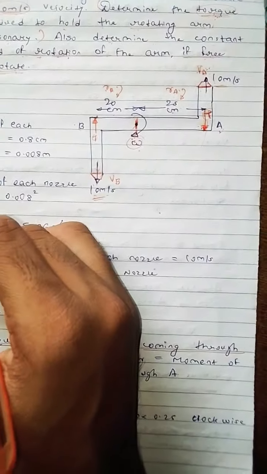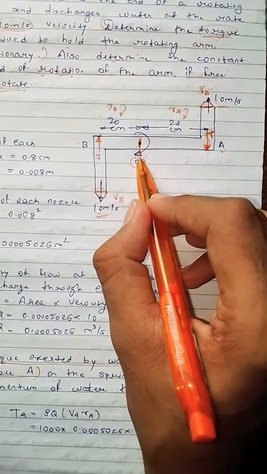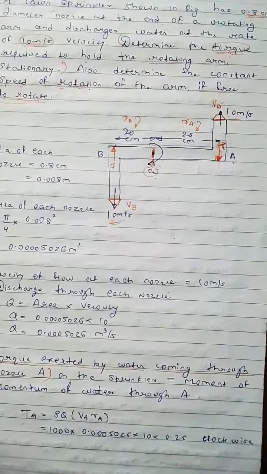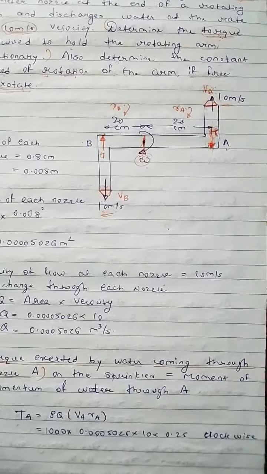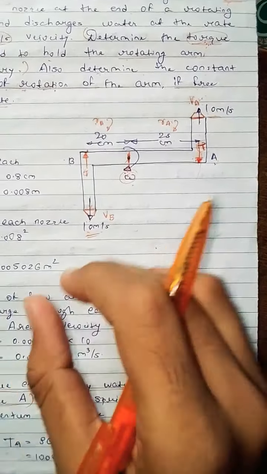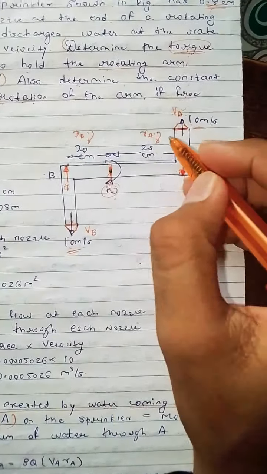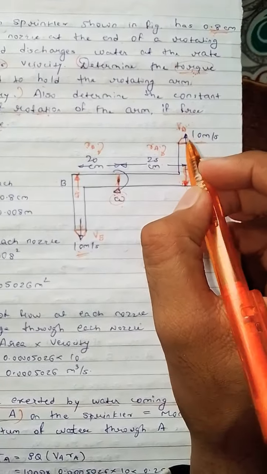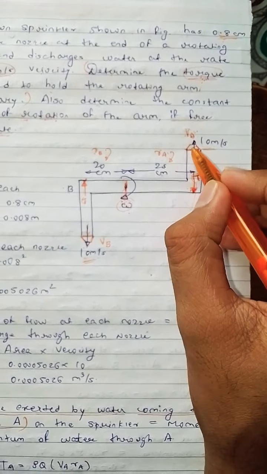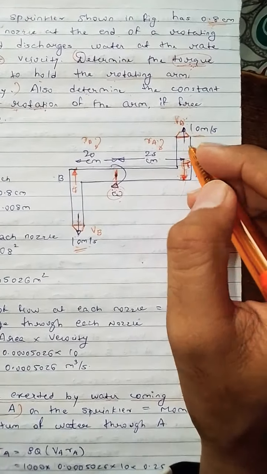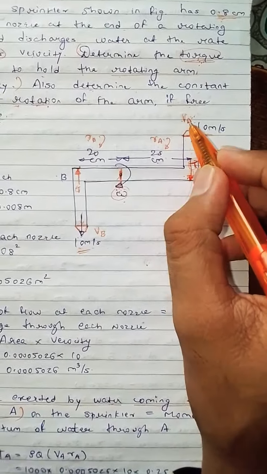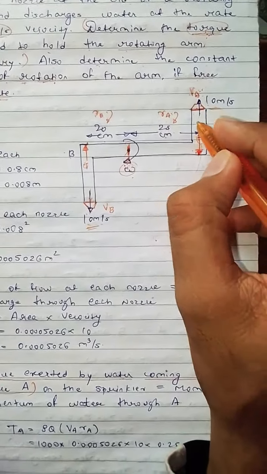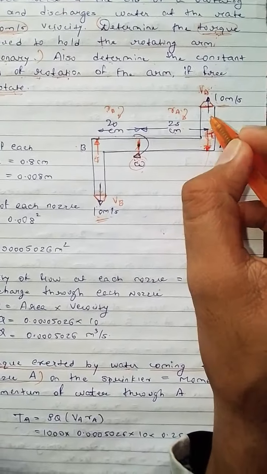Suppose they have not given the direction in the diagram, how can we judge the direction? Understand it properly. If the water is flowing out through this nozzle, it will impact us.